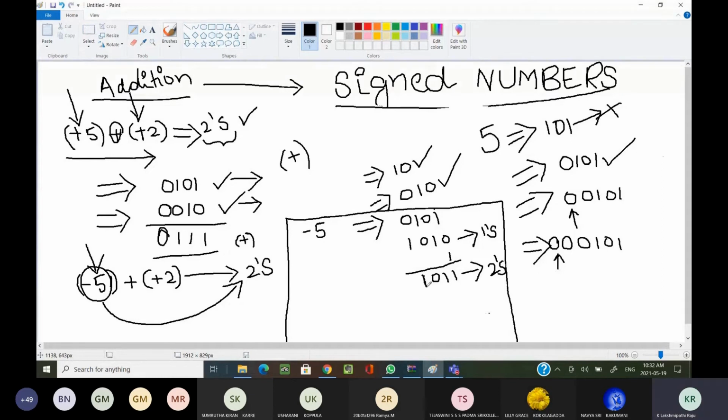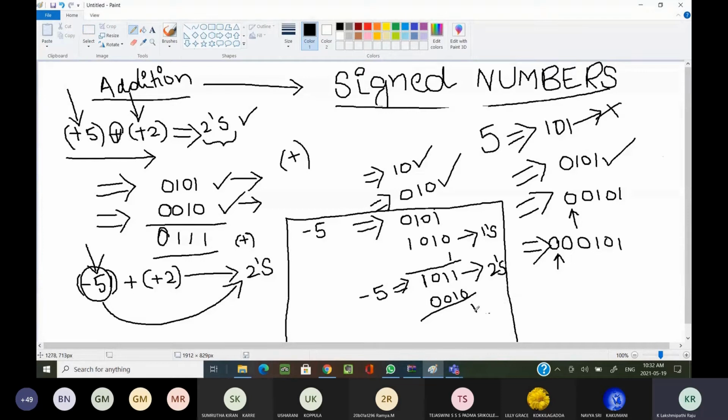For this number, what I have to do? I need to add plus 2. This is my minus 5 in 2's complement. For this minus 5, I am adding plus 2. Here I am taking directly plus 2, 0 1 0.